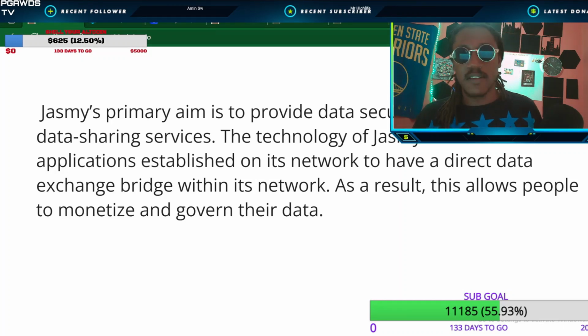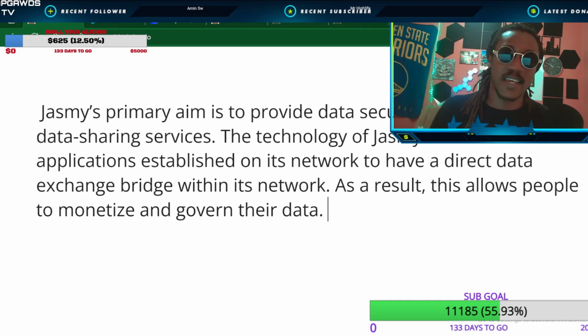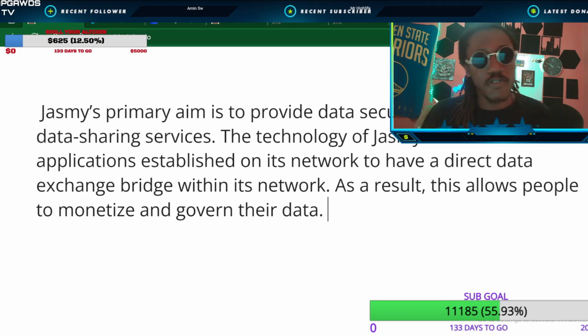This goes again for metaverse applications, anything IoT, so anything smartphone device, Internet of Things. Of course, it needs data. And Jasmy has a bridge where you'll be able to monetize your data or even secure and protect it through its ecosystem. But you need the Jasmy token to actually make that come to life.